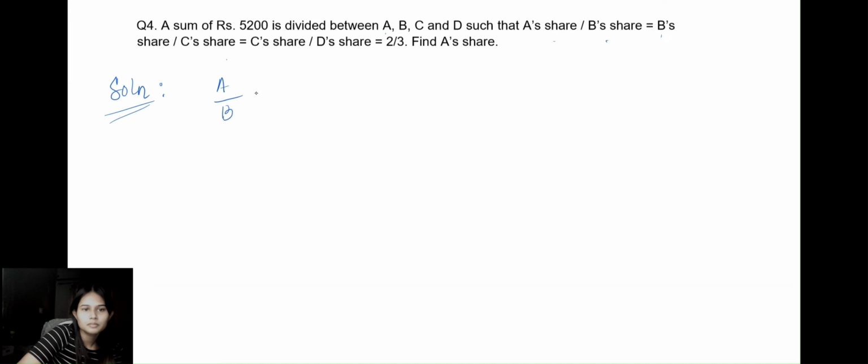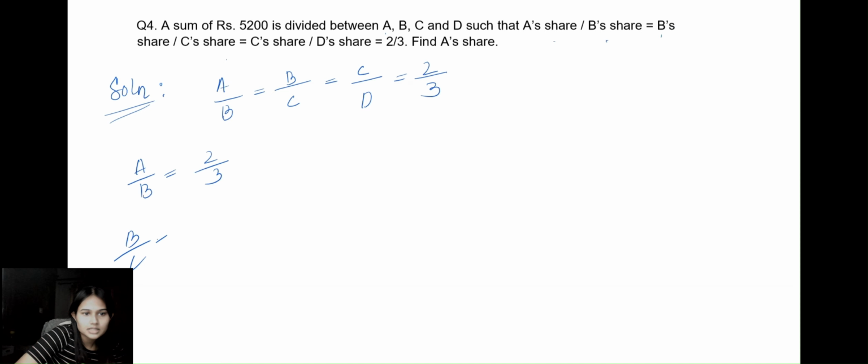A by B equals B by C equals C by D, that is 2 by 3. So can we say that A by B is 2 by 3, B by C is 2 by 3 and C by D is 2 by 3.